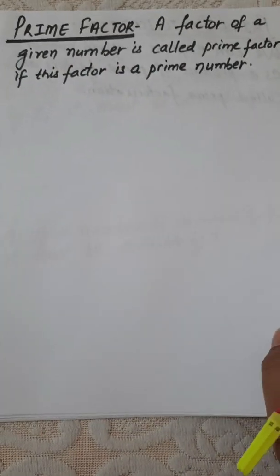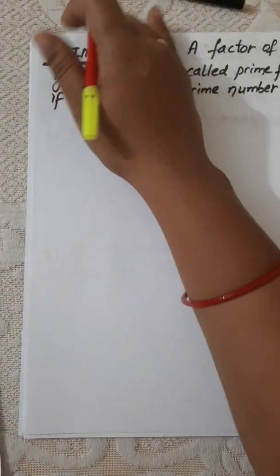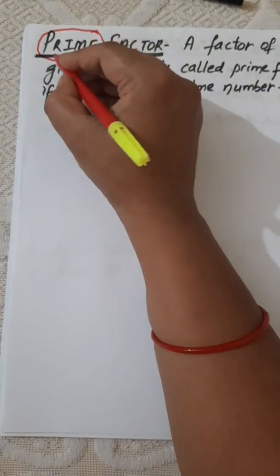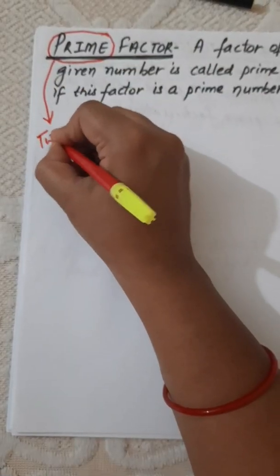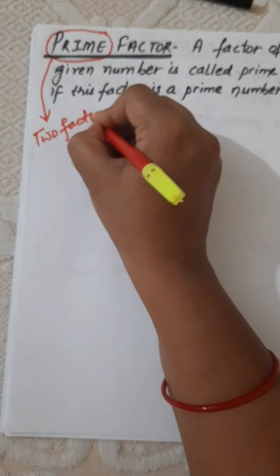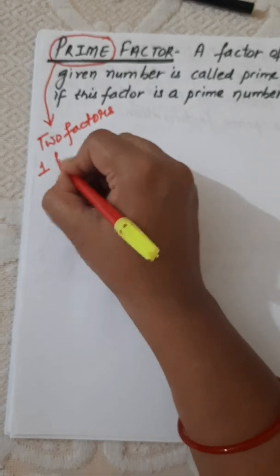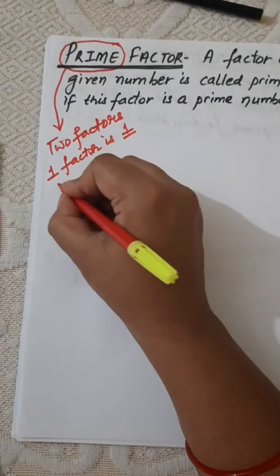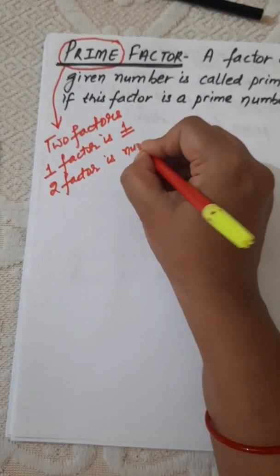Then we have prime factors. Now our next topic is prime factors. So it is formed by two words. First is prime. Prime numbers are the numbers which have only two factors. First factor is 1 and second factor is the number itself.